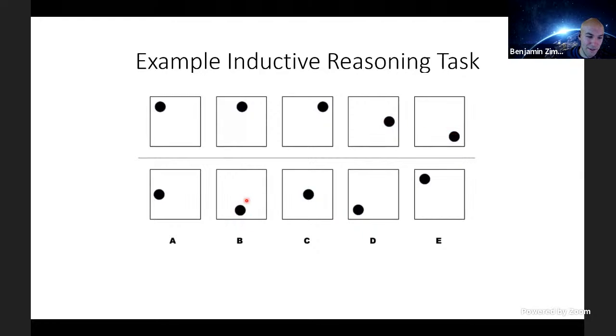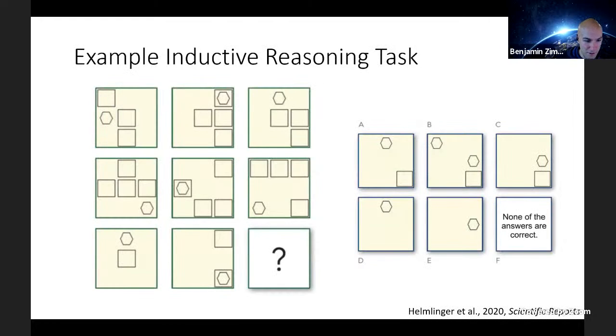Then for B here, it looks like it's moved one more over in the clockwise direction. So that's what we would expect to be the next answer. For this one, I won't give all of it, but you could think more about interactions between some of the boxes with each other.